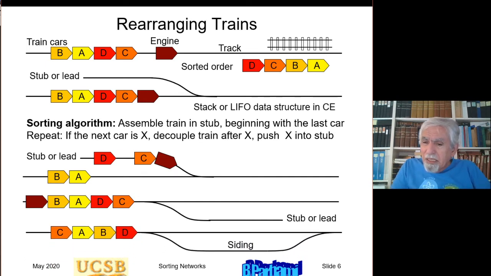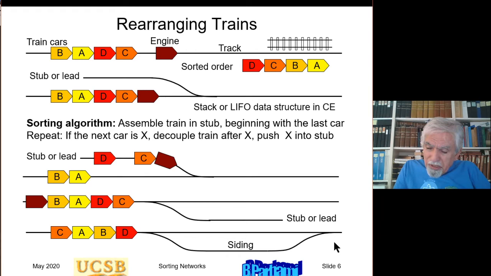Now, a siding is basically a combination of those two types of stubs. It can do the job of both because it's connected to the main track at both ends. Because of this connection here, I can use it like this siding. And because of this connection, I can use it like that siding. So it's more flexible.